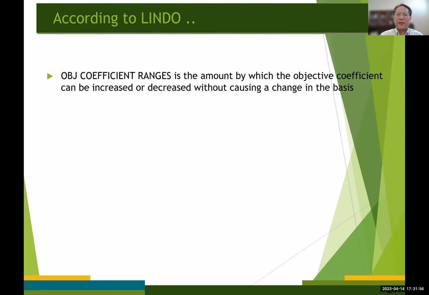Okay, so according to the Lindo, the objective coefficient ranges indicate by this amount the objective coefficient can be changed without causing a change in the basis. So these are the ranges for the optimality, basically.